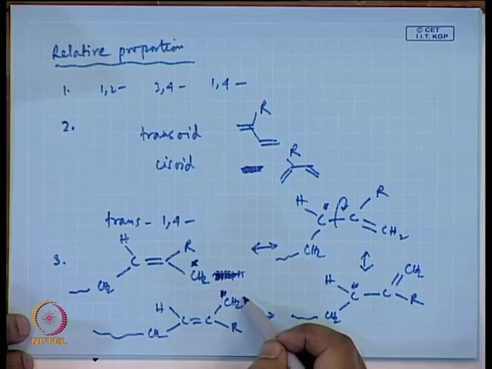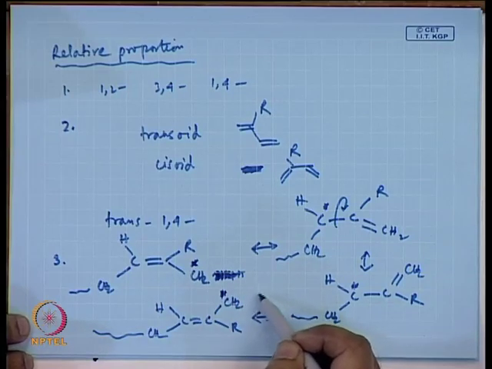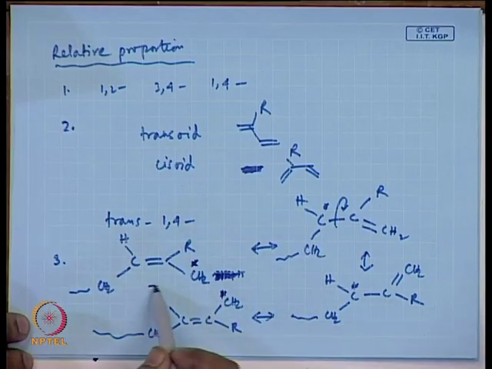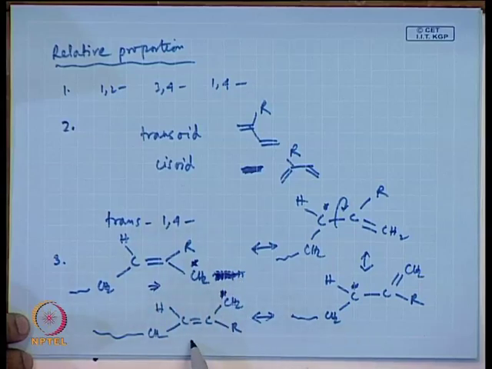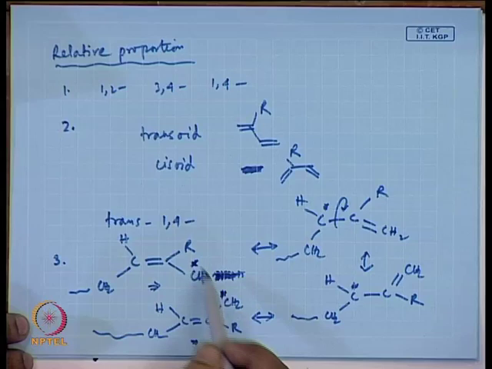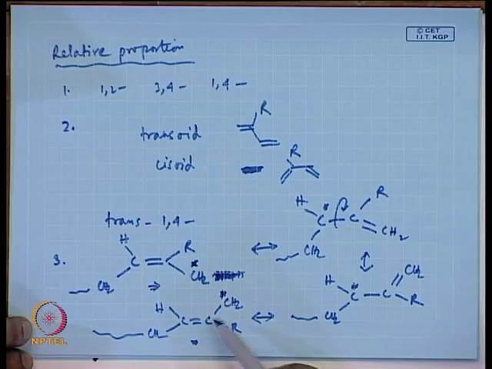If this propagates, it will form a trans polymer. If this chain propagates, it will be a cis product. So, even if you have a cis chain end, it can isomerize and give you a trans product.